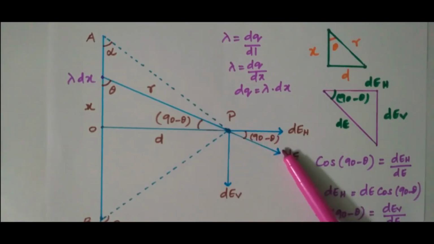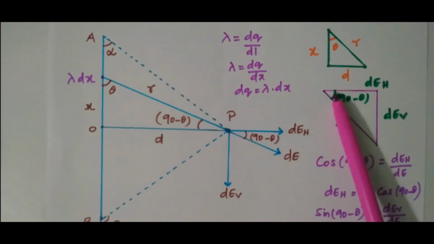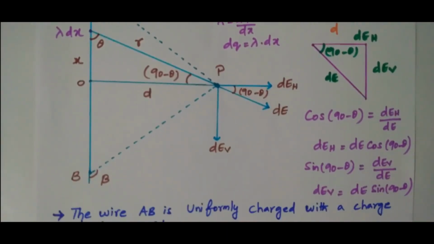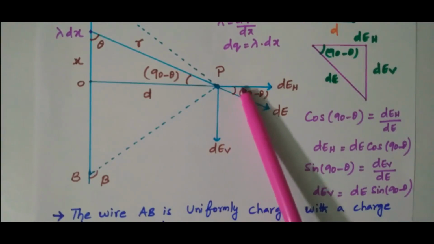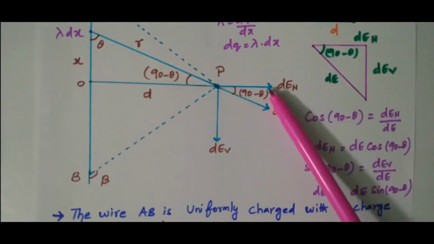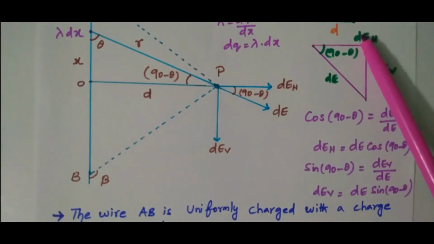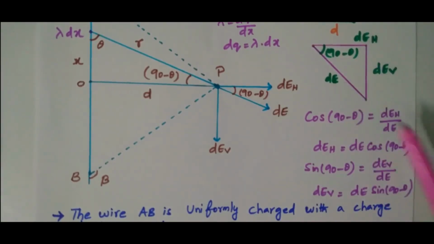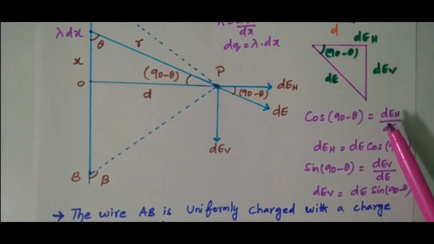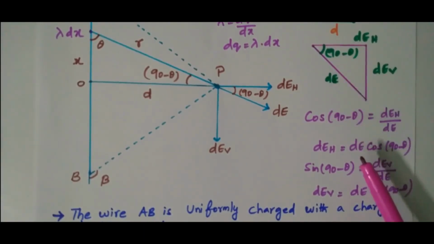In order to find the horizontal and vertical components, this triangle is drawn separately here, right? So this is the horizontal component, this one. This will be the total component, this one. This will be the vertical component, dEH, dEV and dE. And the angle will be 90 minus theta. So from this we can find the expression for the horizontal component and the vertical component.